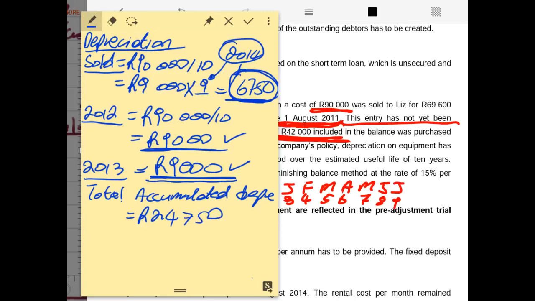So now this is the total accumulated depreciation until 30th of April when the asset was sold.